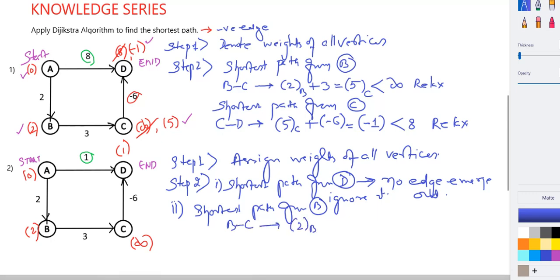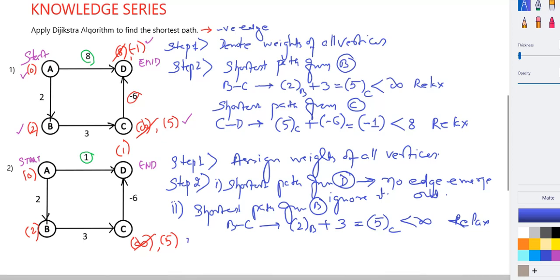Weight of B plus link cost between B and C, that is 3. That is, we got it as 5 at C, which is less than infinity. So it's a relaxed condition. So in this case, in the relaxed condition, it is modified to 5.